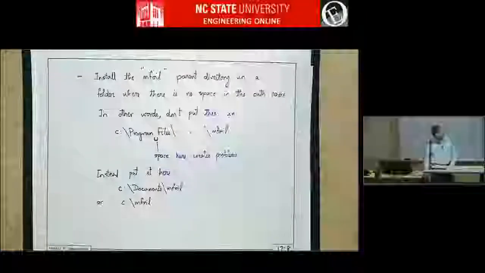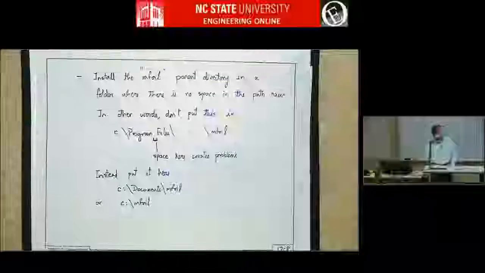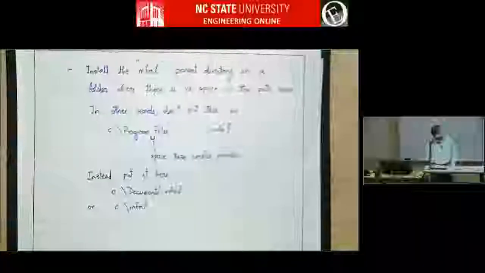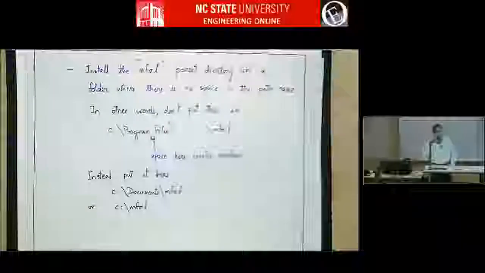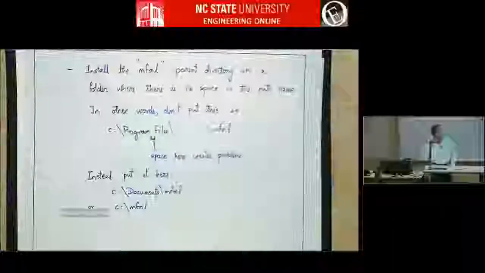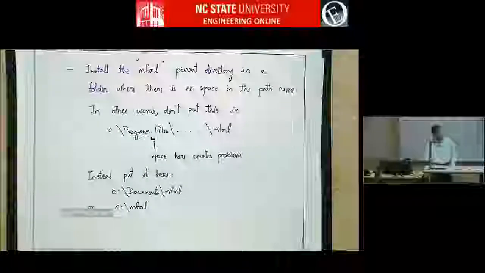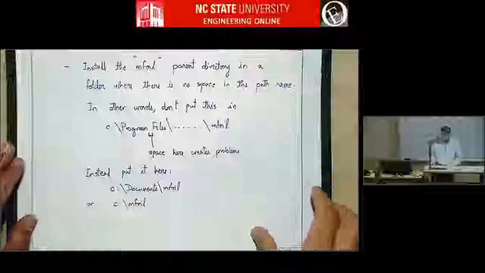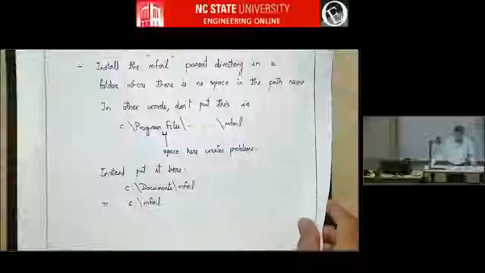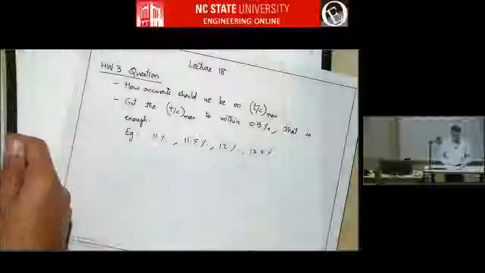And we talked about installing the m_files parent directory. I don't know if this still needs to be done, but if something doesn't work, this might be the problem. So install it in a parent directory where there is no space. Okay, so that's where we stopped. We'll resume from there.